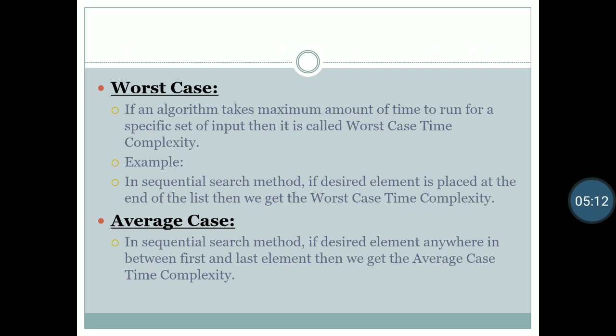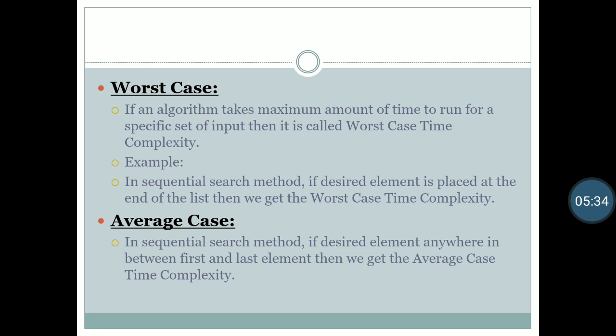If an algorithm takes maximum amount of time to run for a specific set of input, then it is called worst case time complexity. Means if we find our solution on the last page of our book, this will be a worst case. Why?